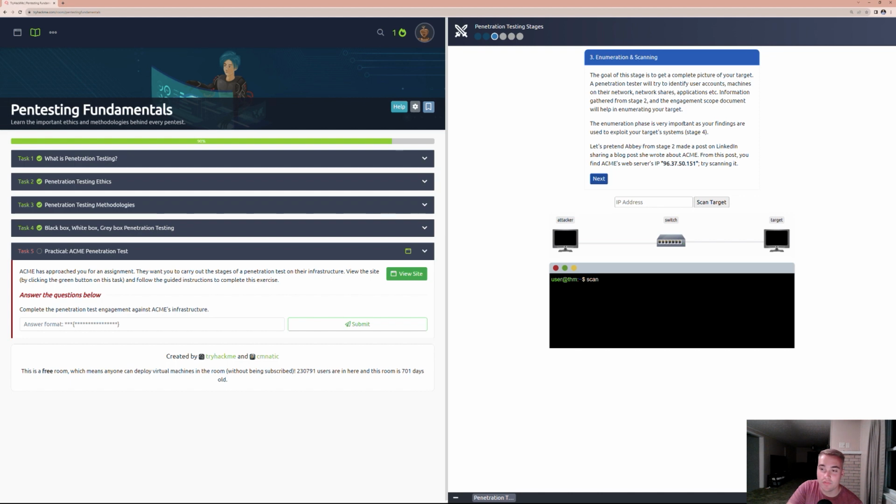So the enumeration phase is very important as your findings are used to exploit your target systems in stage 4. So let's pretend that Abby made a post on LinkedIn sharing a blog post that she wrote from Acme. From this post, you find that Acme's web server's IP is 97.37.50.151. So let's try to scan this IP address.